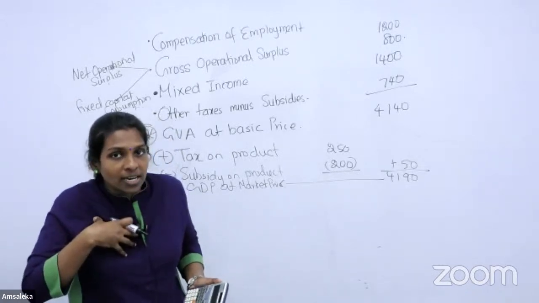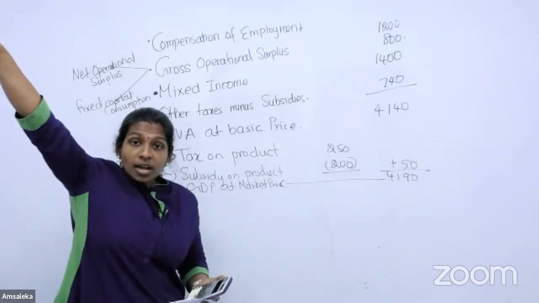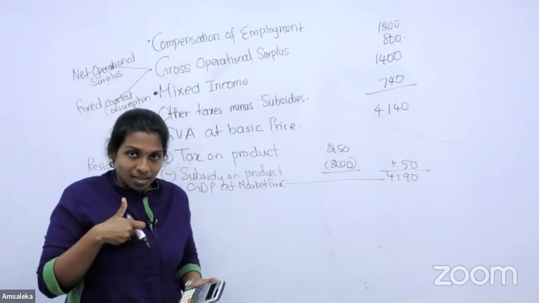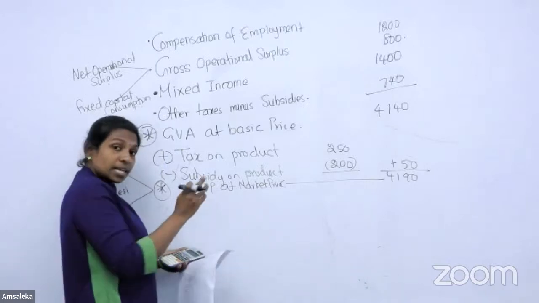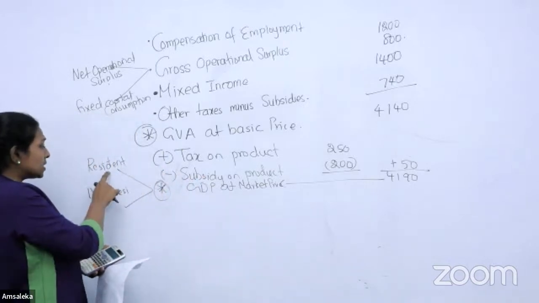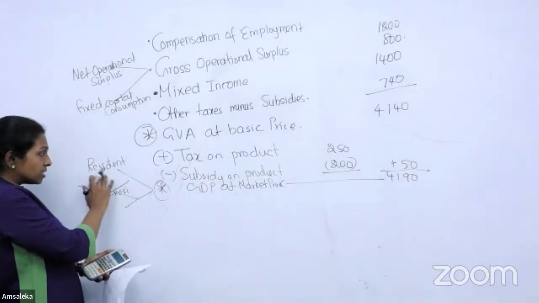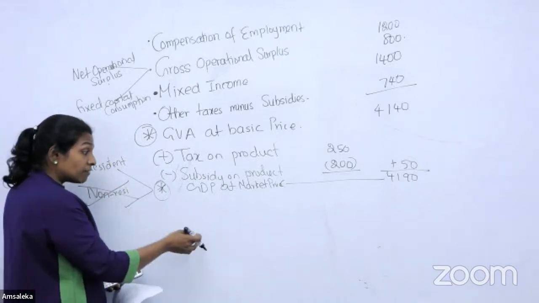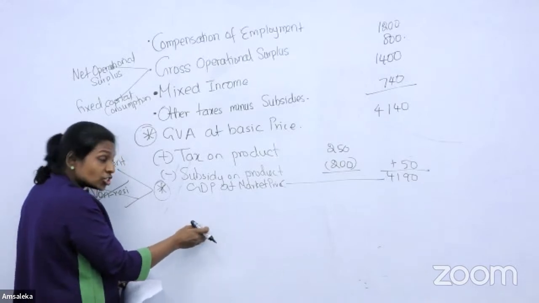Likewise, our Sri Lankans can work in a foreign country, no? They will send the factor income to us. So domestic means both resident and non-resident. Non-resident we do not consider when we take national income.